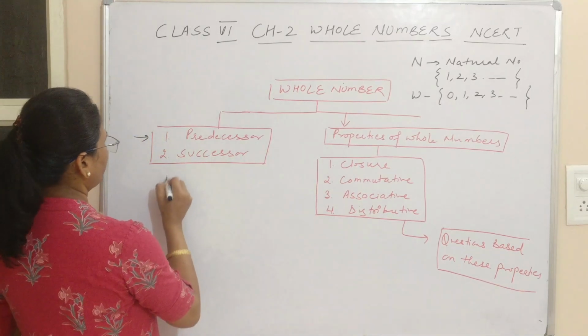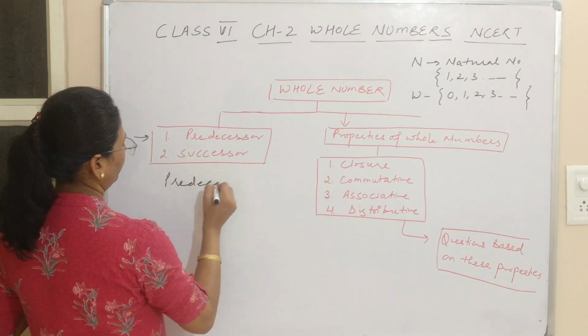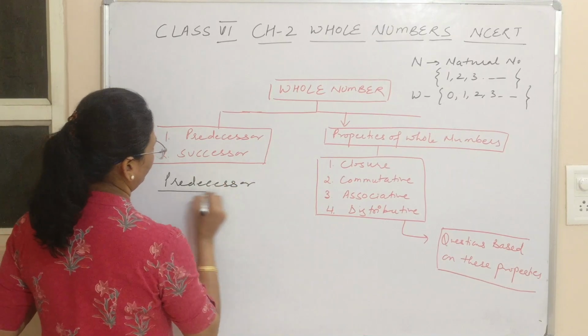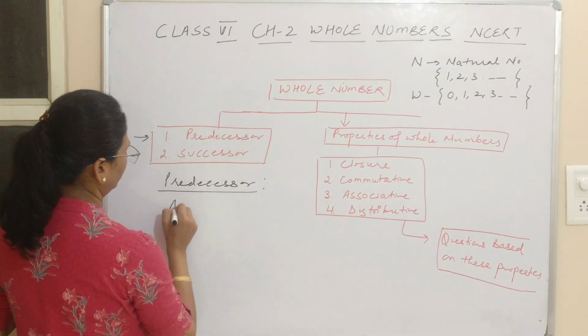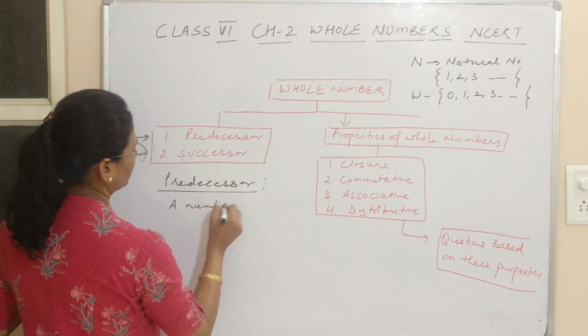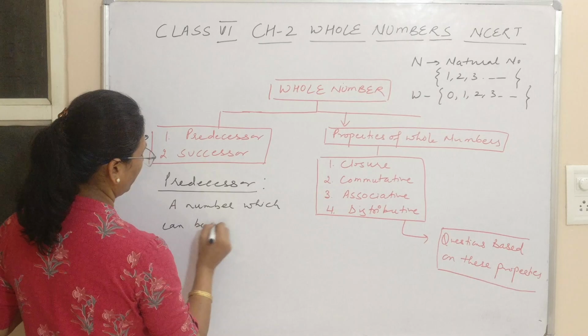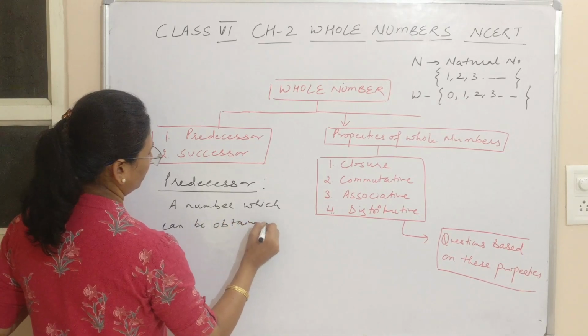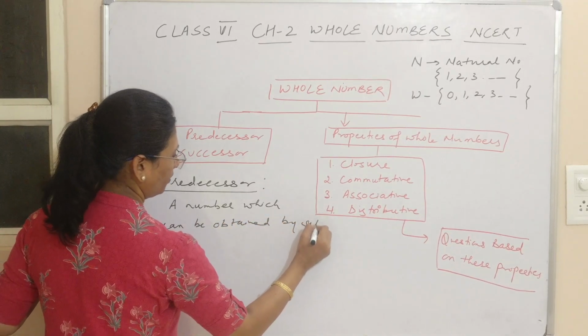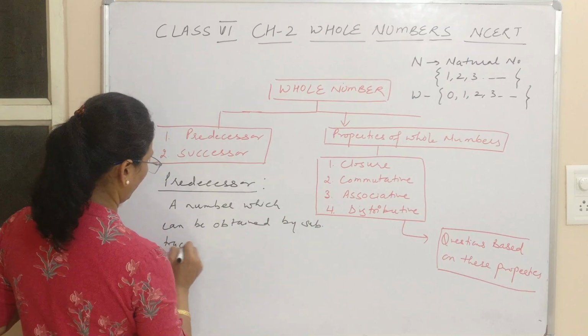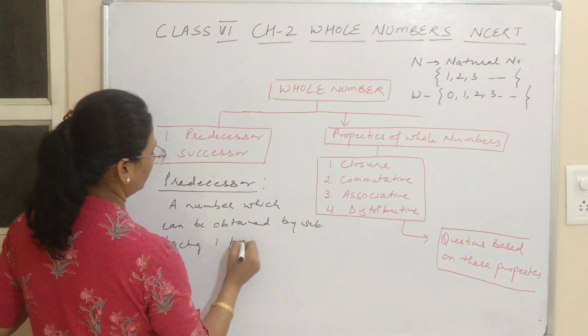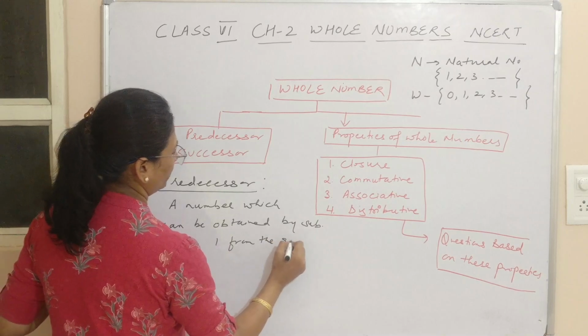So here, predecessor: a number which can be obtained by subtracting 1 from the given number.